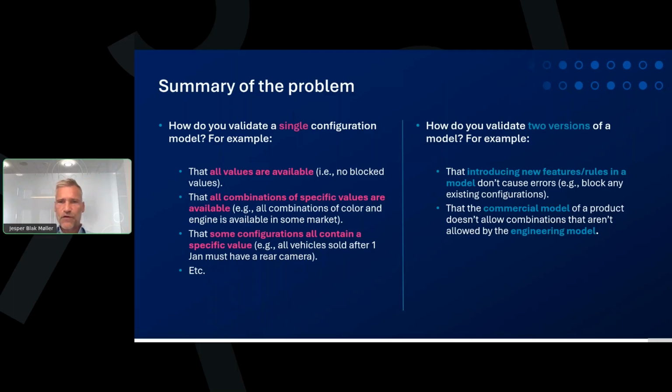And how do you verify that if you have two versions of the same product model, that they are aligned and not contradicting each other? For example, that if you introduce a new feature or you change some rules in a model, that these changes don't cause errors, or that the two models are 100% aligned. So how do you check this without being blown away by a combinatorial explosion?